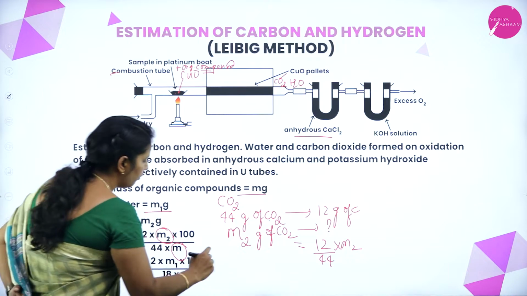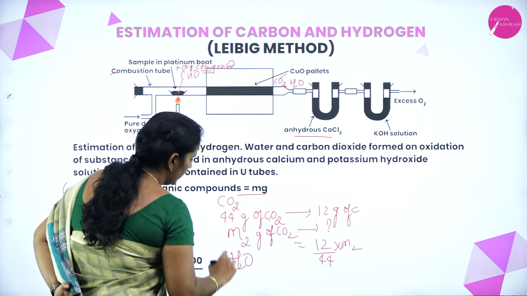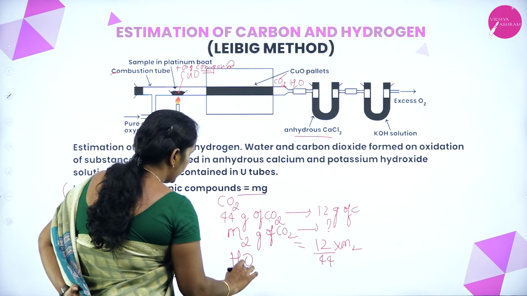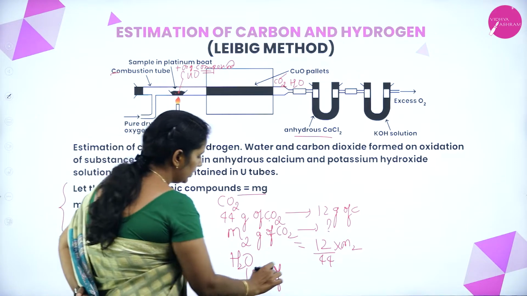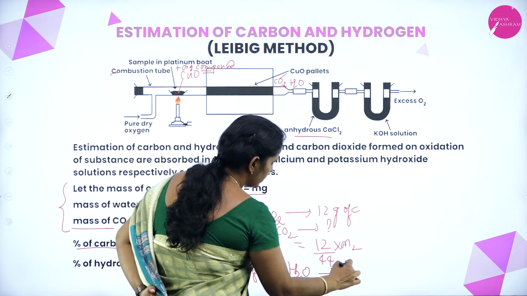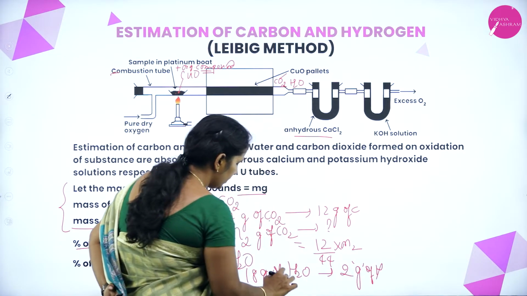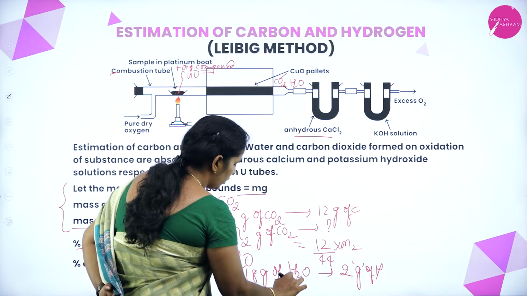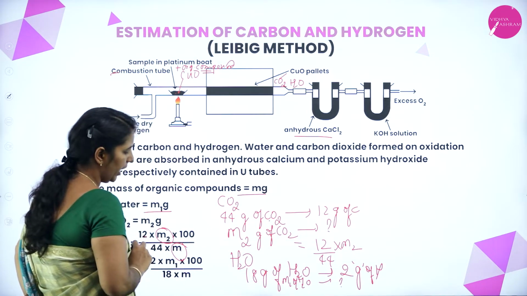Similarly, in the water molecule, what is the molecular mass of water? It is 18. So 18 grams of water contains how many grams of hydrogen? There are 2 hydrogens, so 2 grams of hydrogen. Similarly, m1 grams of water contains how many grams of hydrogen?